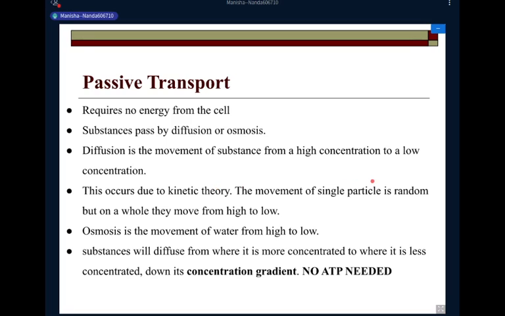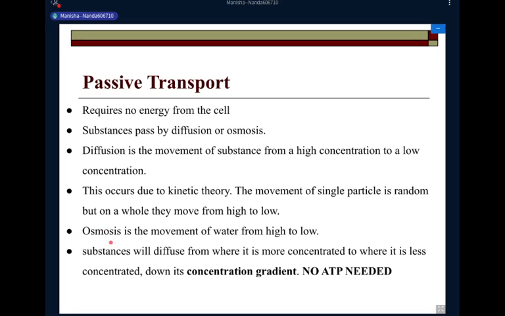That is, the movement of a single particle is random, but on the whole, they move from high to low. The concentration on the other side should be high enough that it creates a gradient, so these molecules just flow according to their concentration gradient.